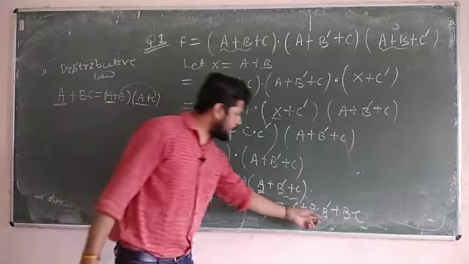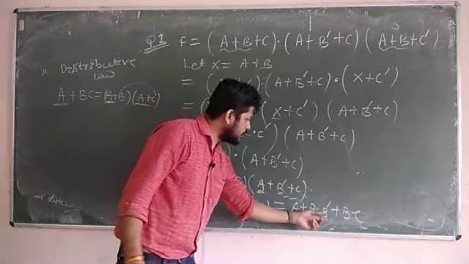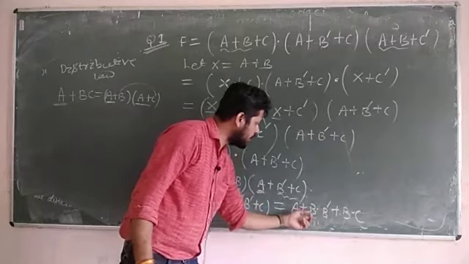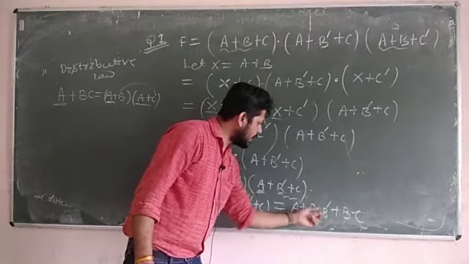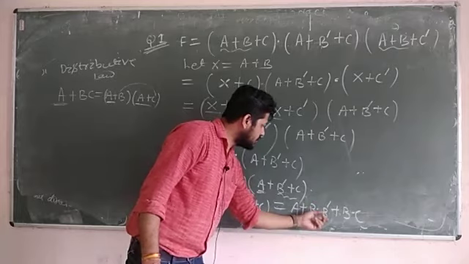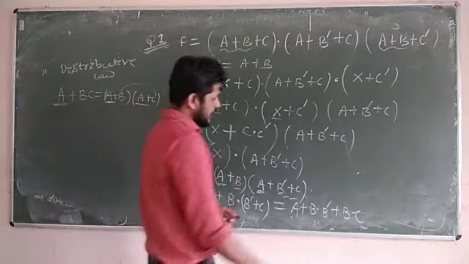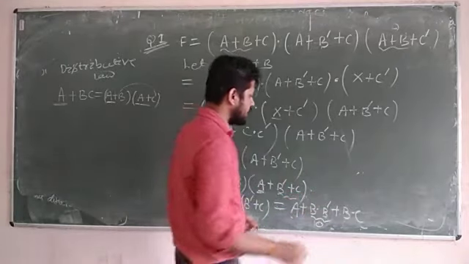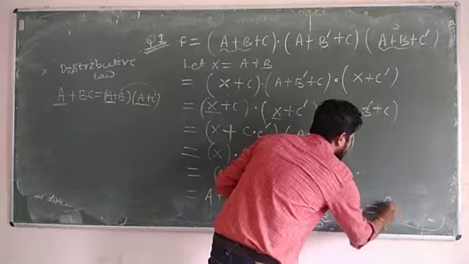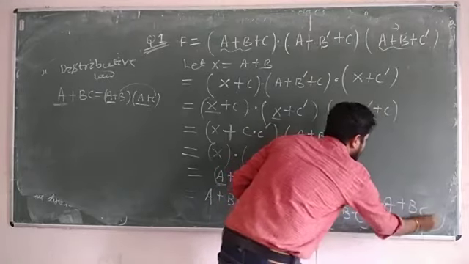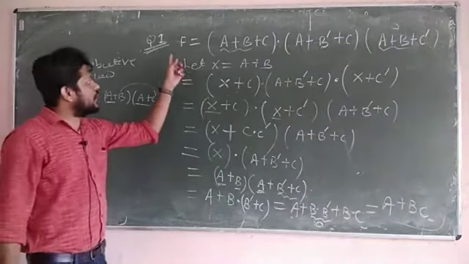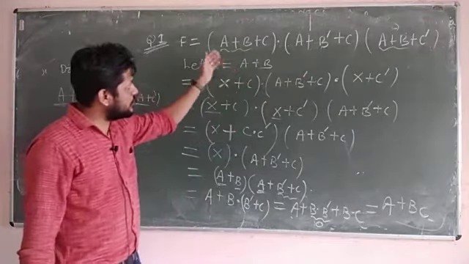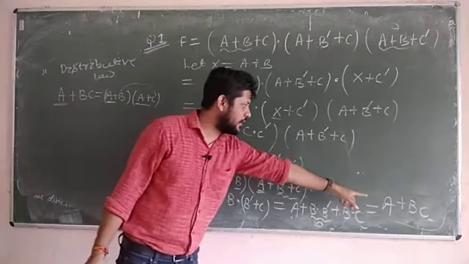B and B complement, from your AND law, is 0. Finally this term is 0, and 0 ORed with A or BC. So finally we have the reduction A or BC. So finally this F after the Boolean algebra simplification will be A or BC.